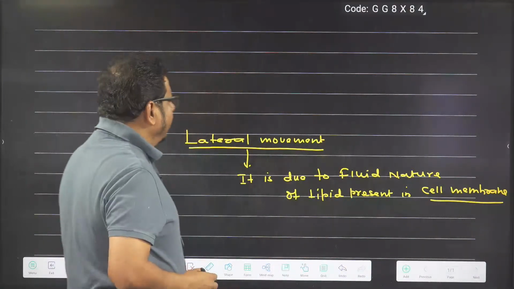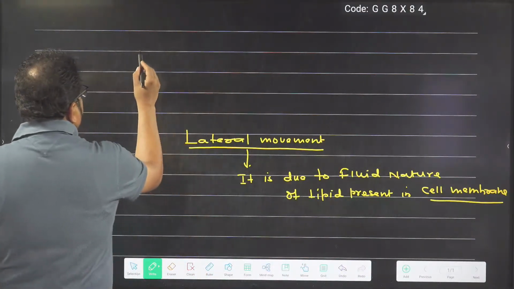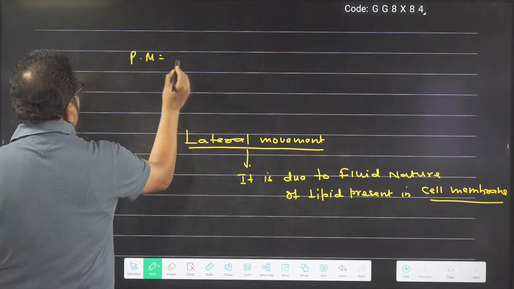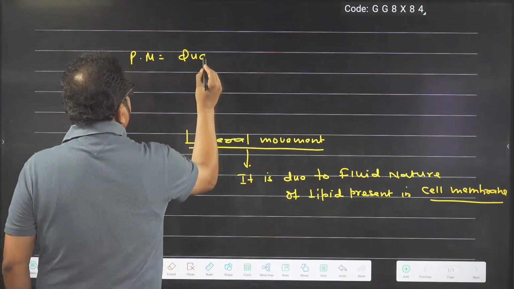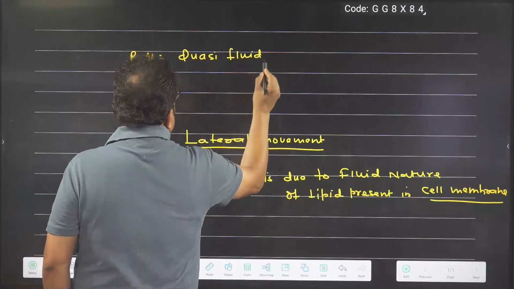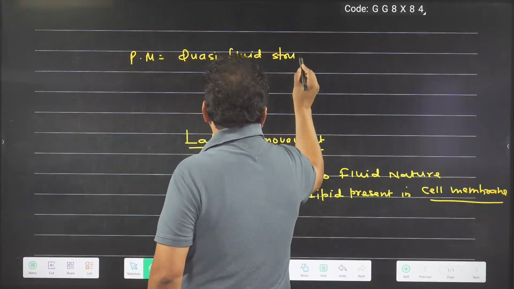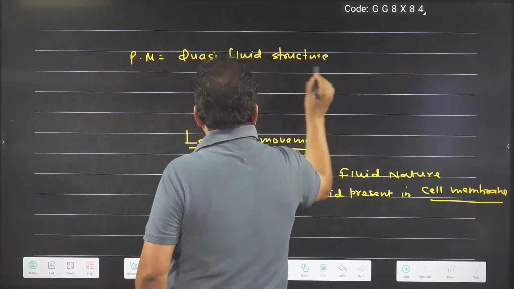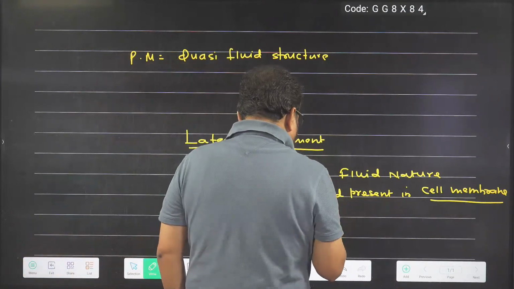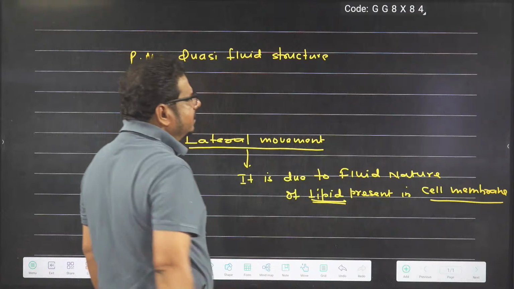Got the idea? I told you that the plasma membrane, PM in short, has a quasi-fluid structure. And who is behind this quasi-fluid structure? Lipid is behind the quasi-fluid structure.